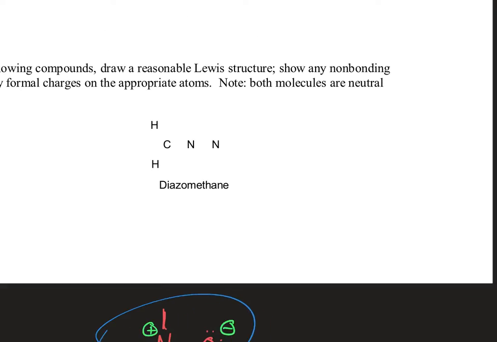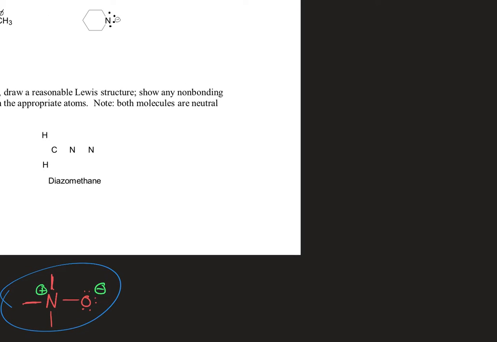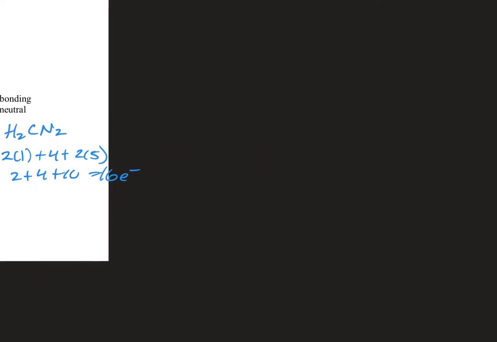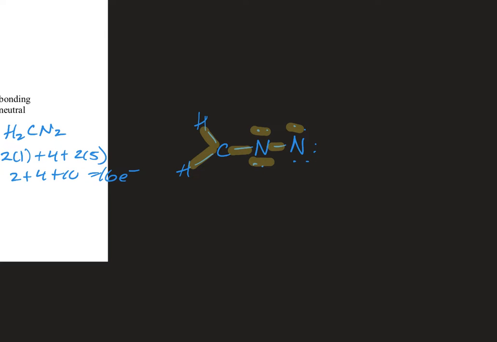For here, diazomethane, one of my favorite molecules, we have 2 hydrogens, a carbon, and 2 nitrogens. So 2 times 1 plus 4 plus 2 times 5, we get 2 plus 4 plus 10 for 16 electrons. If you connect with single bonds, give everything an octet, you've got 2, 4, 6, 8, 10, 12, 14, 16, 18 electrons.